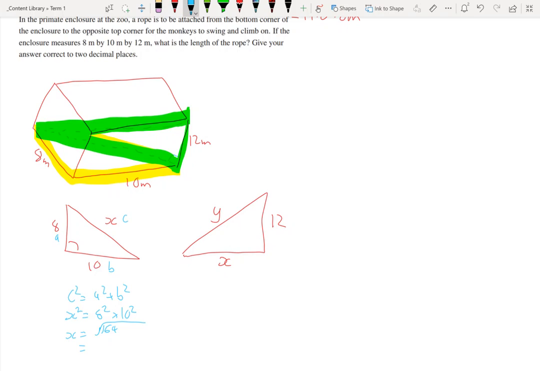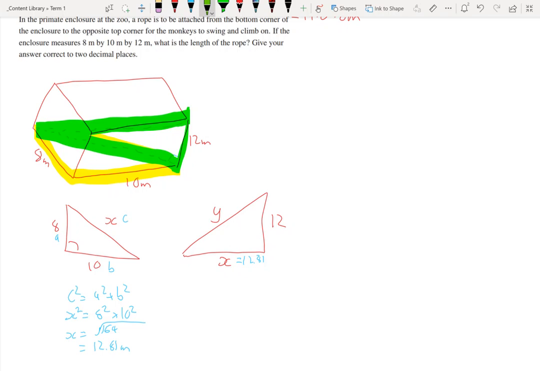I'm just doing that in my head because I'm tired and I want to finish the video, guys. But of course, if you just do 8 squared is 64, 10 squared is 100, add them together. And the square root of 164 is 12.81 meters, based on rounding. So we can say over here equals 12.81.